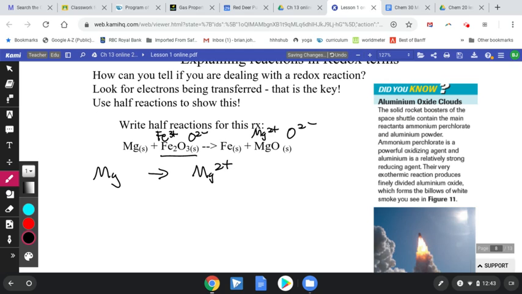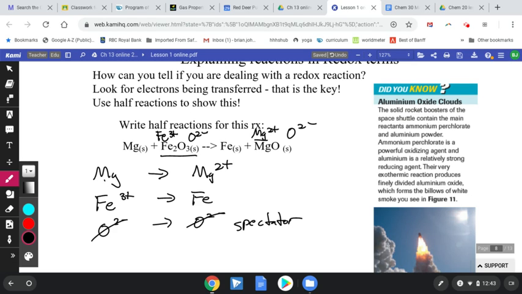Okay, so Mg goes to Mg2 plus. Fe3 plus goes to Fe. I'm just skipping states for now to keep it simple, and O2 minus goes to O2 minus. So here's our spectator. The oxide doesn't actually change. Magnesium goes to Mg2 plus, losing 2 electrons, and Fe3 plus goes to Fe0, so we add our electrons to the more positive side. And there we go.